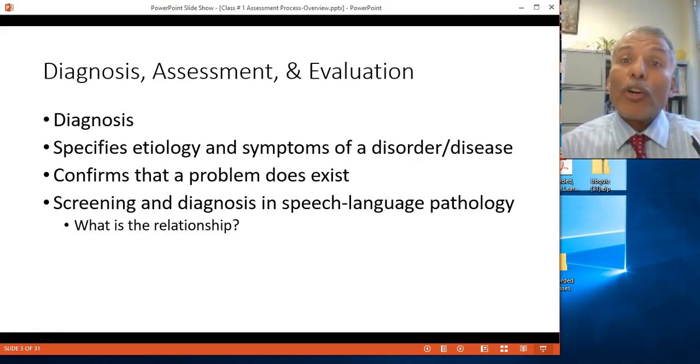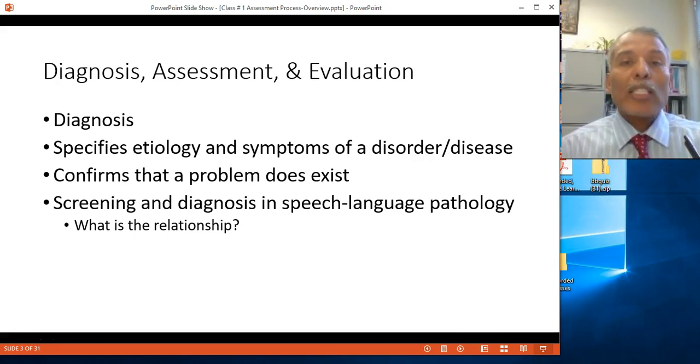So the majority of the cases you evaluate will not end up eligible or receiving services. But we want to make sure that they do not have a disorder, or if they do, that we service the person.